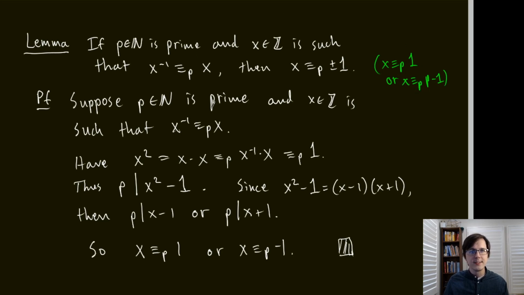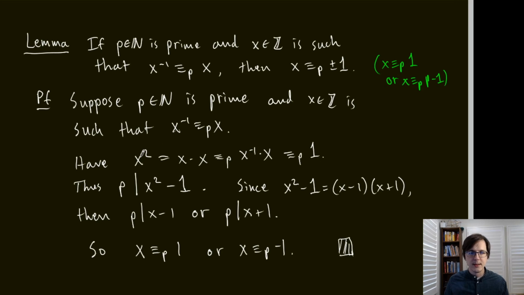It's a fairly straightforward proof. So let's suppose that p is prime and x is its own inverse. So we can calculate x squared. Well, of course it's x times x, but using this hypothesis, it's congruent to x inverse times x, and x inverse times x is congruent to 1, because it's the inverse.